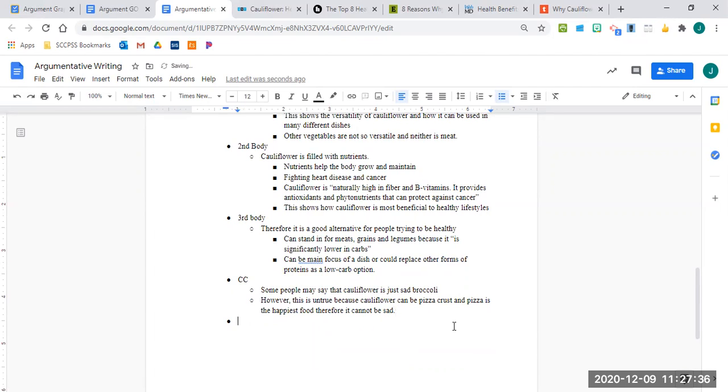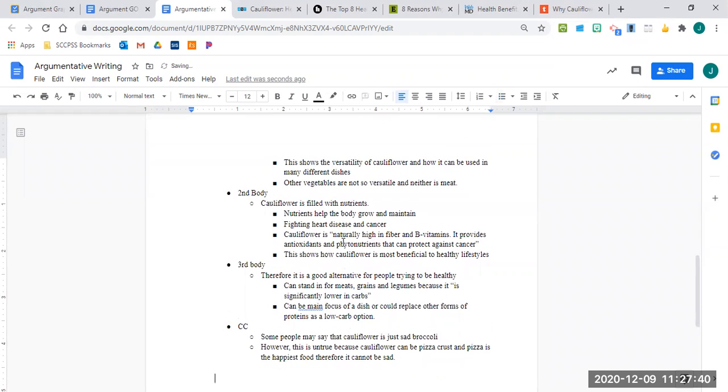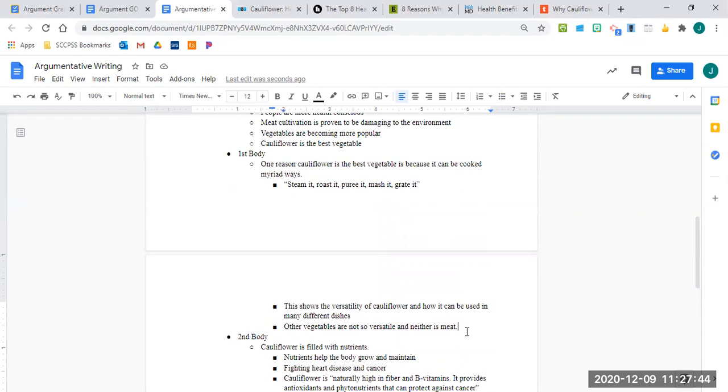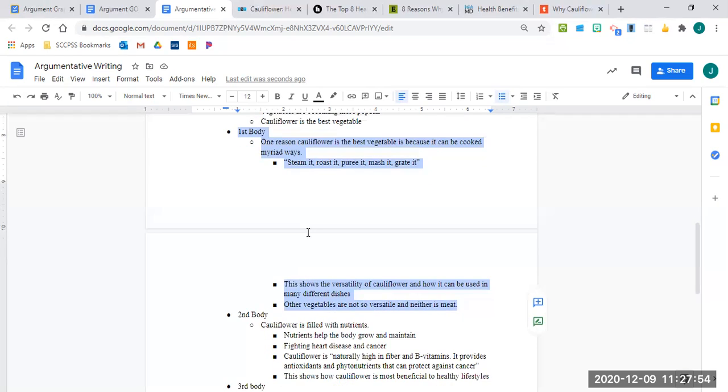To see what it looks like as a complete paragraph, I'm going to choose, for a challenge, my weakest paragraph, which I think is this one. This idea of steam, roast, puree, mash, grate. I guess it's my weakest paragraph, which is why I'm starting with it, because everyone forgets the first point anyway.